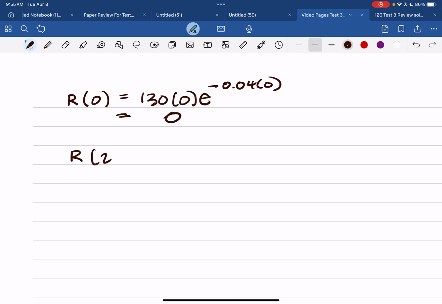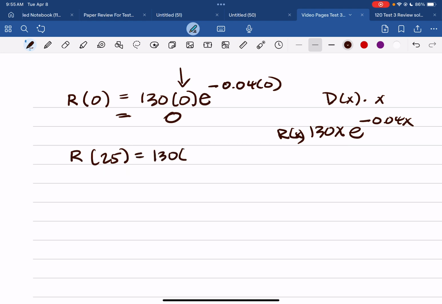For R of 25, that's the d of x times x, so 130x e to the negative 0.04x, the revenue function I'm using. At 25, it's 130 times 25 e to the negative 0.04 times 25. That one comes out to be 1196.